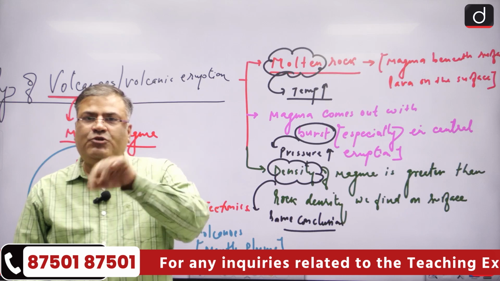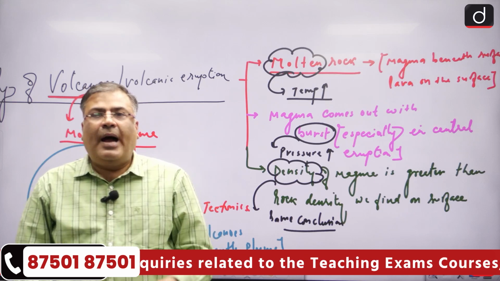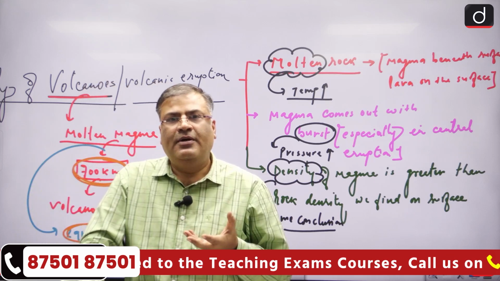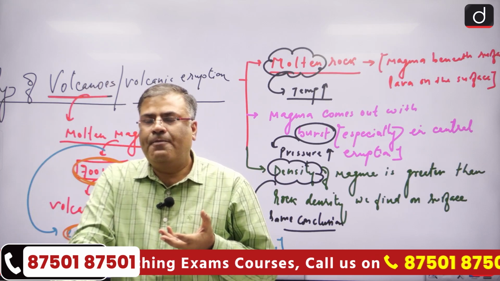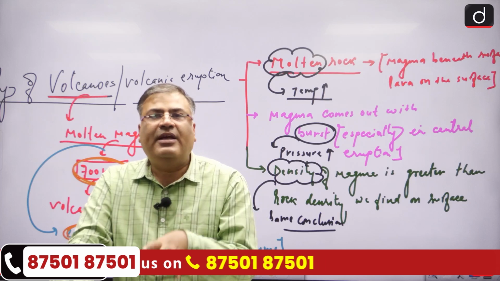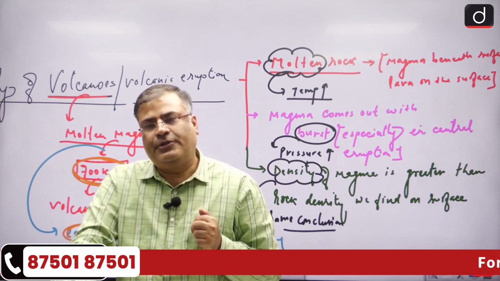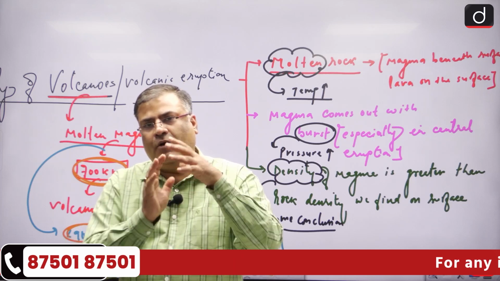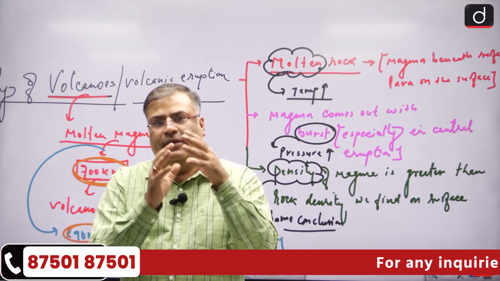So if the depth is 2900 kilometer, up to that we can figure out the chemical composition. And if the depth is 700 kilometer, up to that we can figure out the chemical composition. I hope now you are able to infer the entire thing.